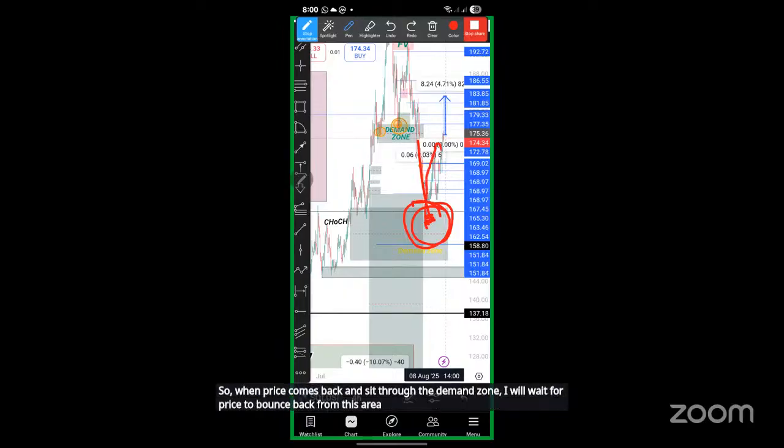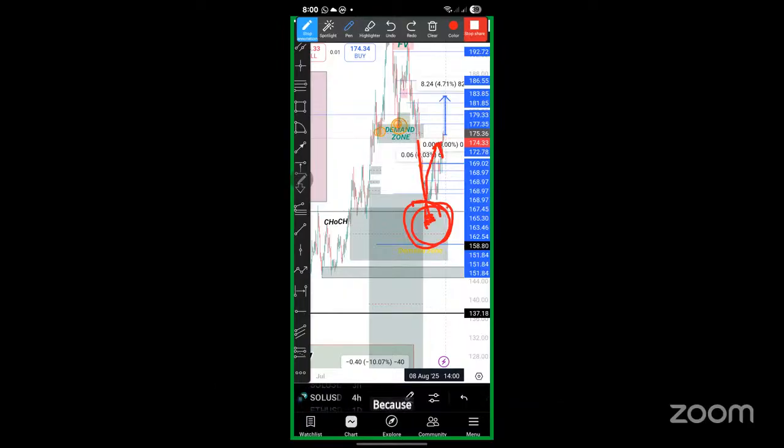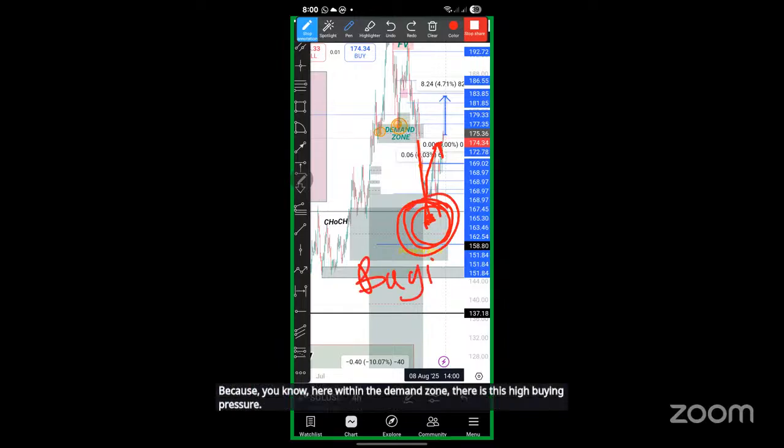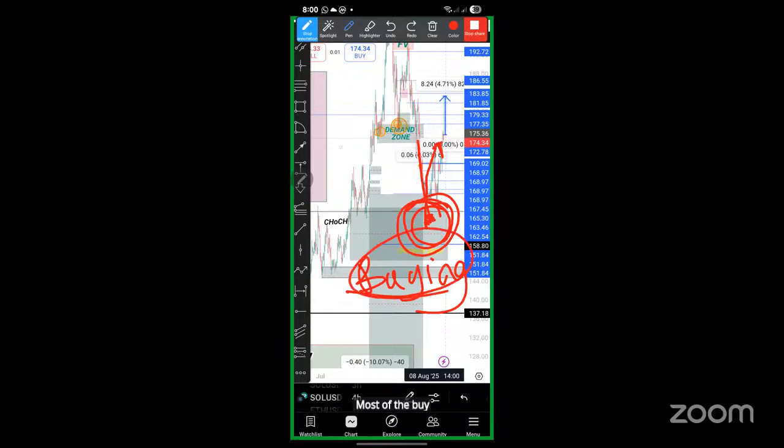Because I know here within the demand zone, there is high buying pressure. Most of the buyers, large buyers, placed large buy orders around the demand zone here.